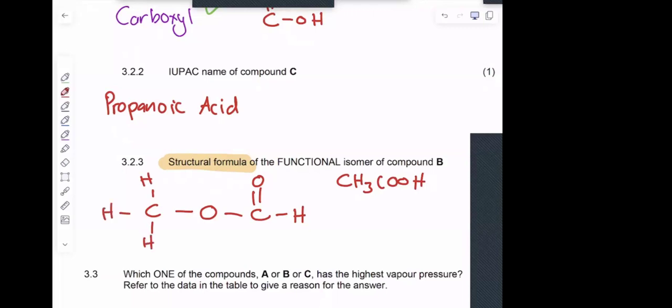Hope that makes sense. The structural formula, don't write methyl methanoate. They're going to mark you wrong. What they wanted you to give was the structural formula to actually give it down. Okay, let's quickly see if there's any questions before we move on to the next question.